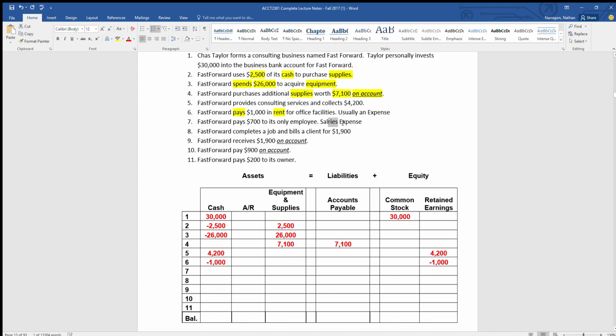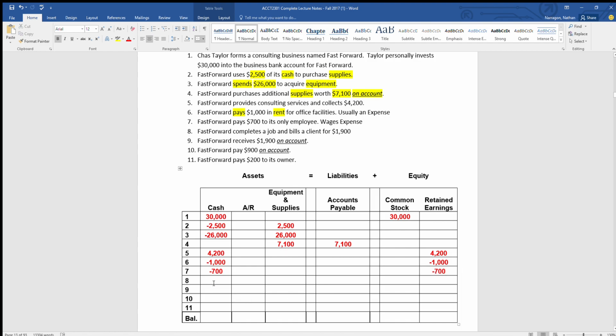But basically, another term is wages expense, but it is an expense when we pay our employee. So again, we're paying cash, and again, since it's an expense, boom, all red.